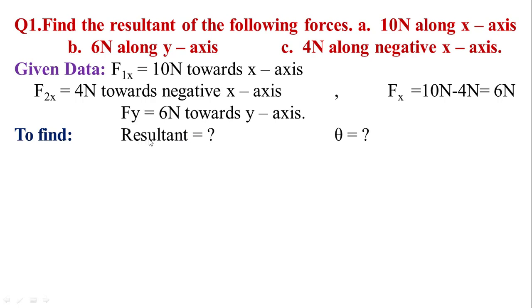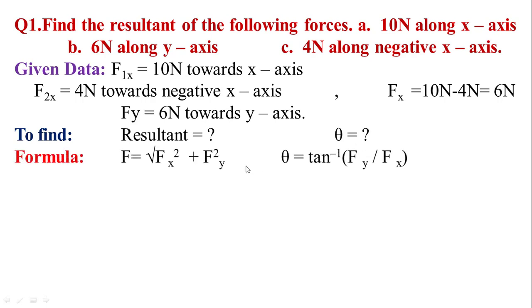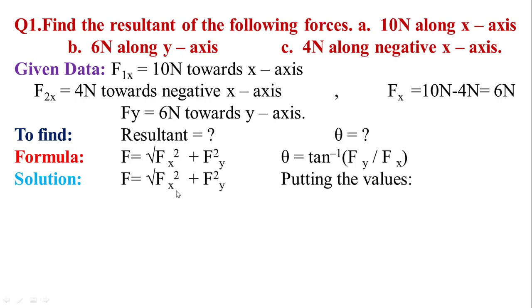Now to find the resultant force and the angle theta between them, we use the formula F is equal to the square root of Fx square plus Fy square, and for the direction, theta is equal to tan inverse of Fy upon Fx. So we write the solution. F is equal to the square root of Fx square plus Fy square.